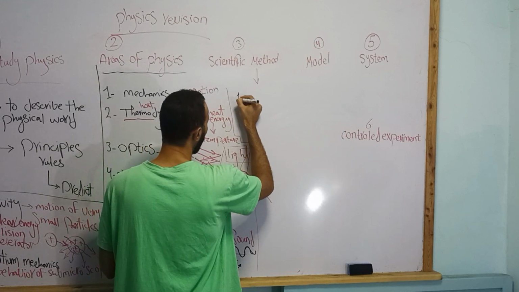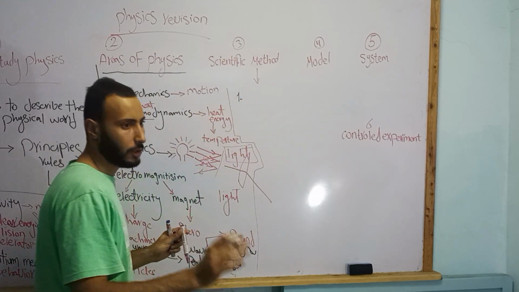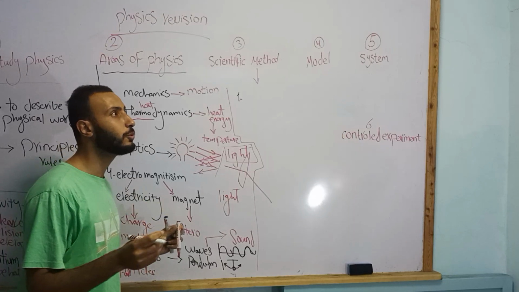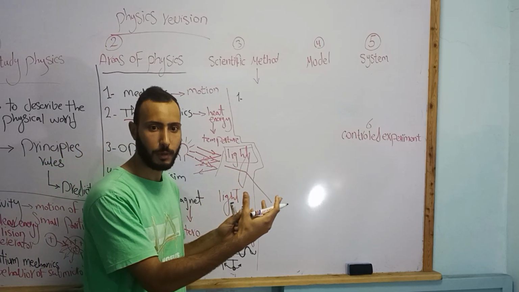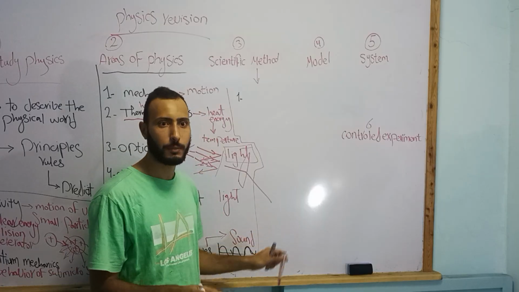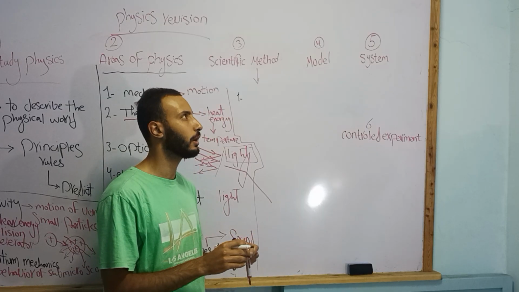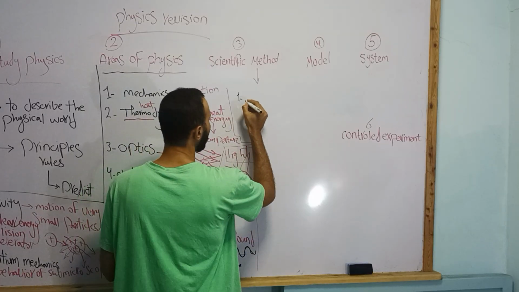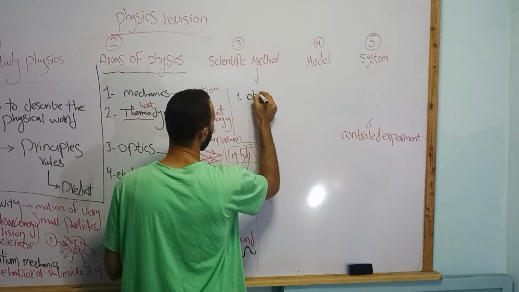For example, you have a problem. At the beginning you have to observe this problem, try to look all over it, to look at all the aspects of this problem. So number 1 is to make an observation.